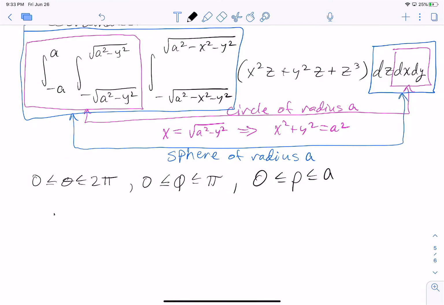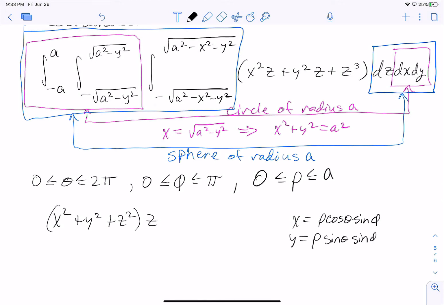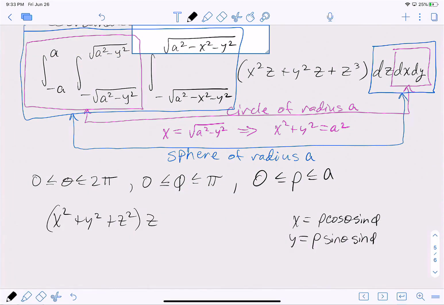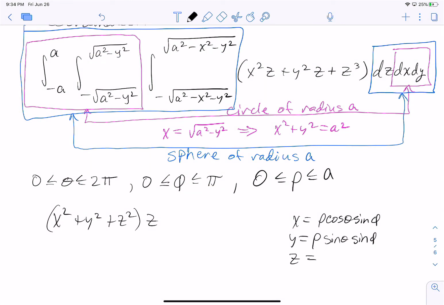As far as the integrand, we have x squared plus y squared plus z squared. Folks, we can factor out a z. It shows up in every term. I have seen people take x equals rho cosine theta sine phi, y equals rho sine theta sine phi, and z equals rho cosine phi.